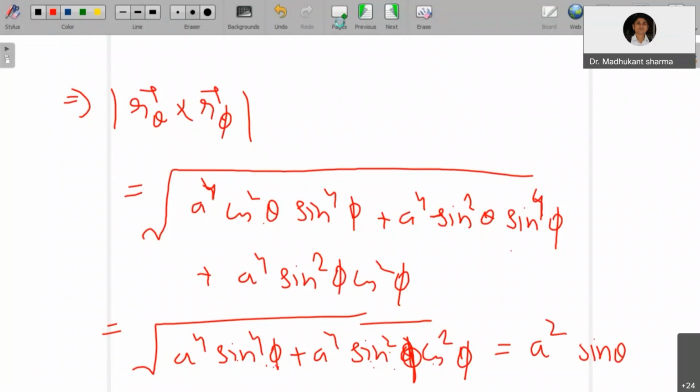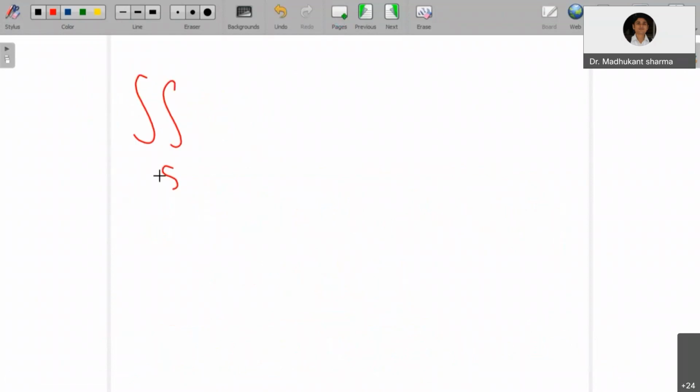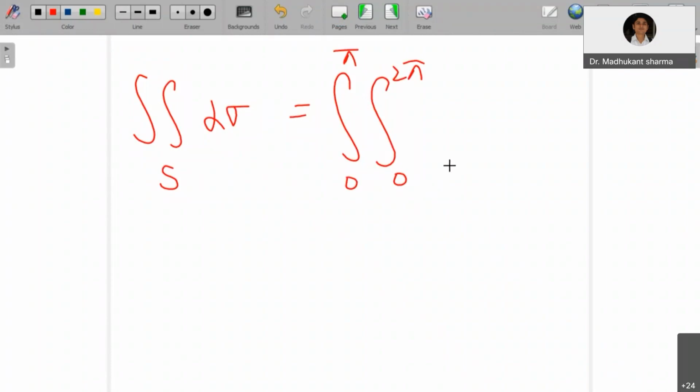So now finally you have the surface area, the double integral of d sigma, equals the double integral from 0 to 2 pi and 0 to pi of a square sine phi d theta d phi.